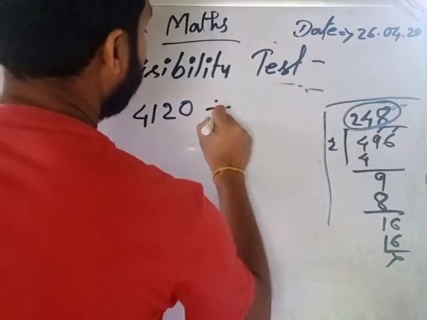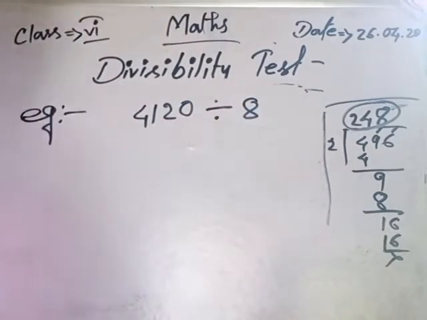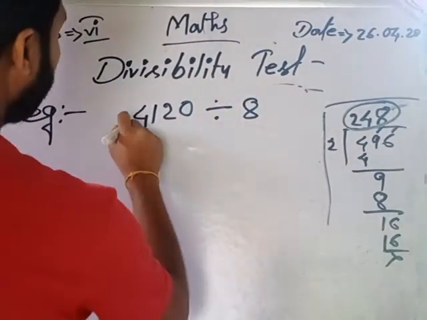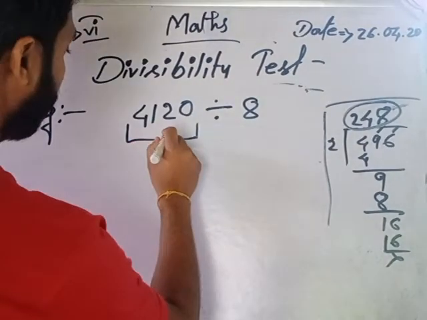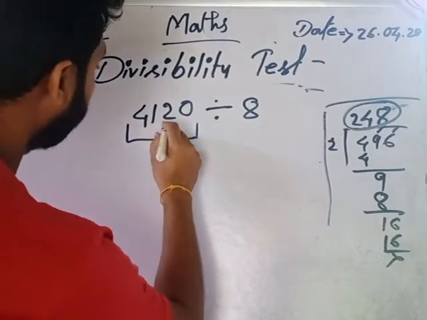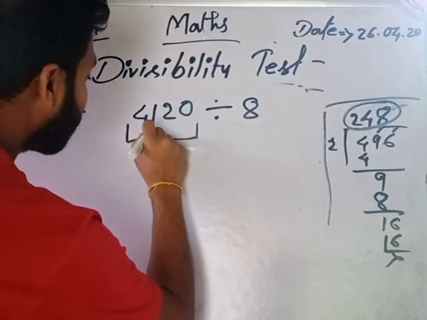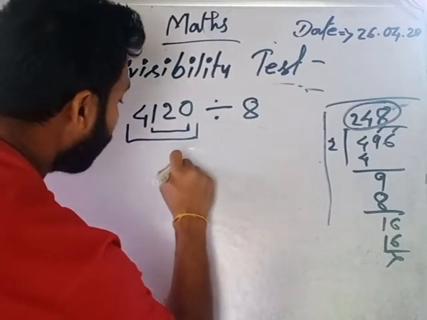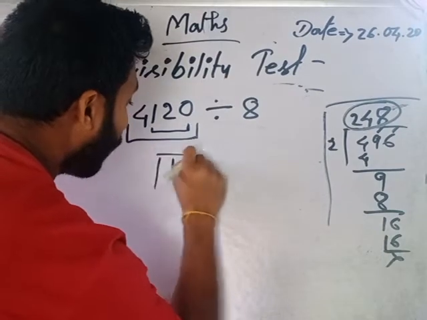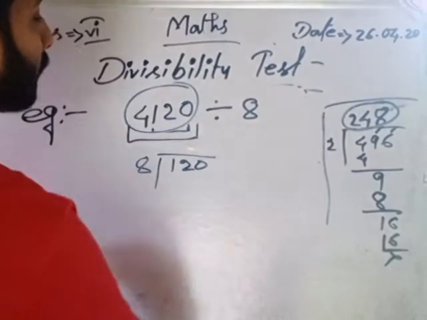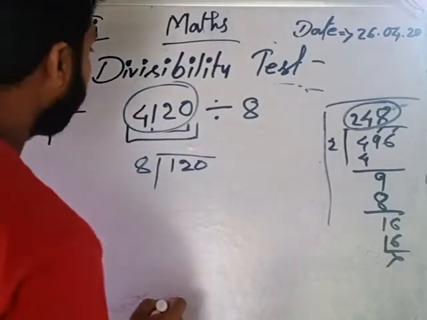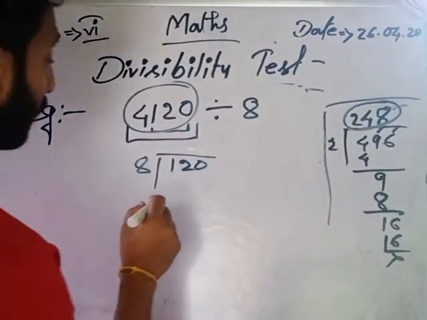Is it divisible by 8? Let's see how to do it. The last 3 digit number is 120. If 120 is divisible by 8, then the whole number is divisible by 8.